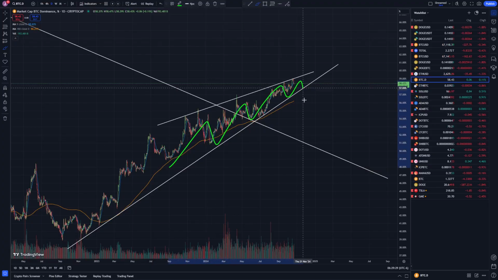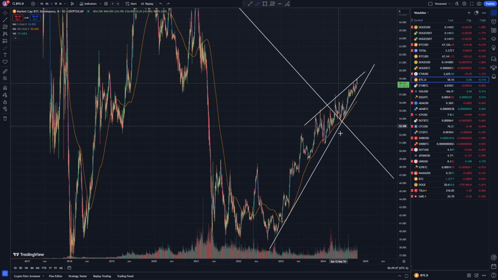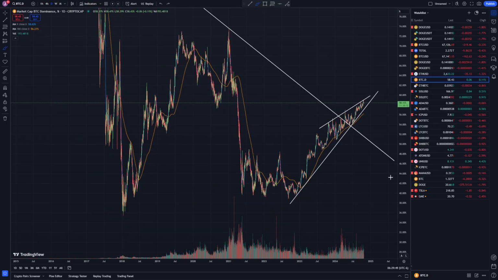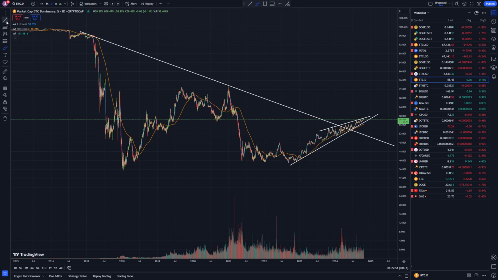If we break this going to the downside, that's going to be an altcoin season, which means Dogecoin has a better chance of going up. All the coins have a better chance of going up if we break to the downside. If this breaks going up, then it's better to have been in Bitcoin this whole time. And if we zoom out even more, let's go ahead and zoom out, because it's kind of like Dogecoin.